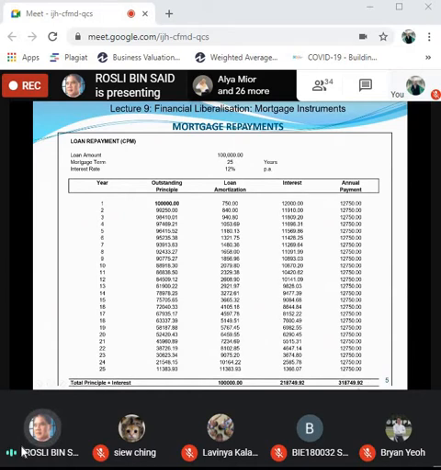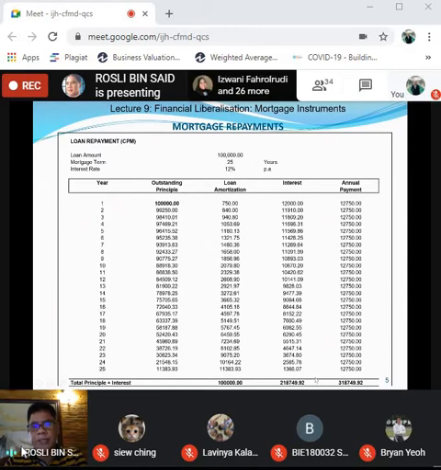Basically 319,000 is the total payments that we paid for the 100,000 that we borrowed from the financial institution at the interest rate of 12%. So the bank is making about 218,749 through interest only. This is the amount of money that the bank made.